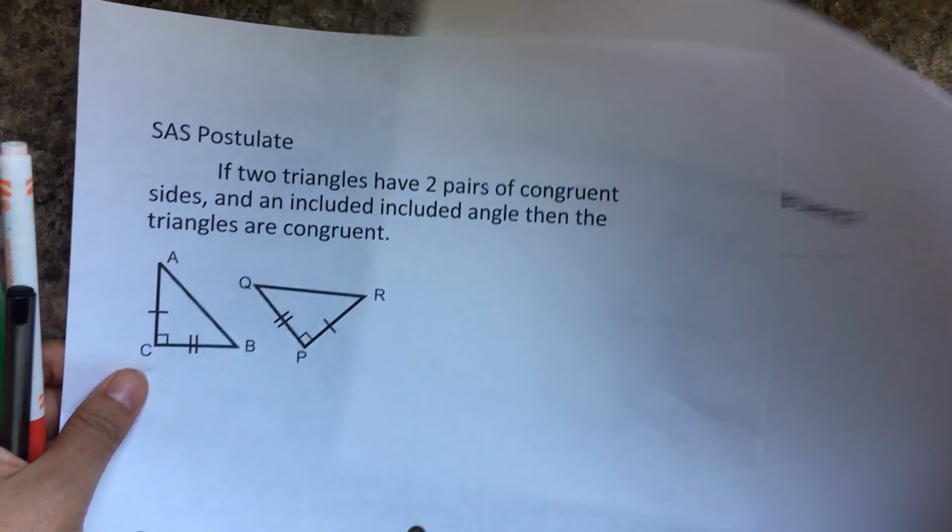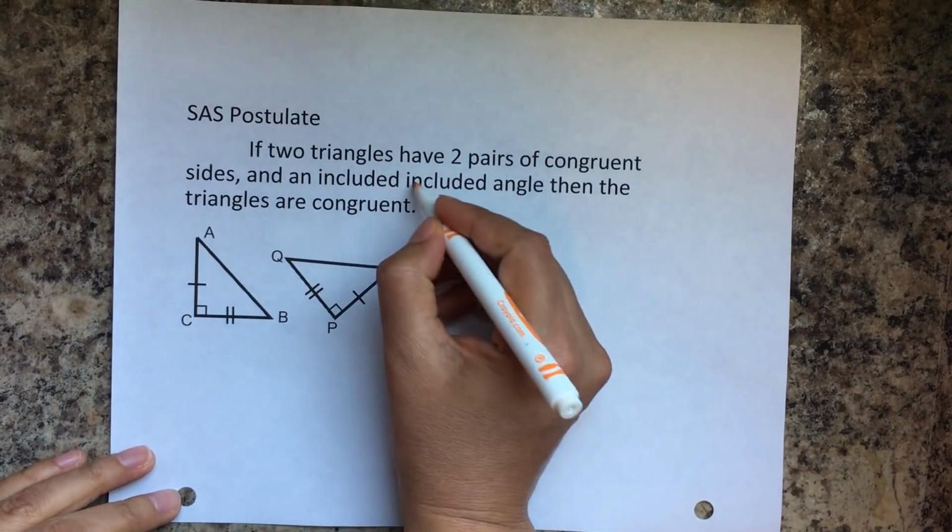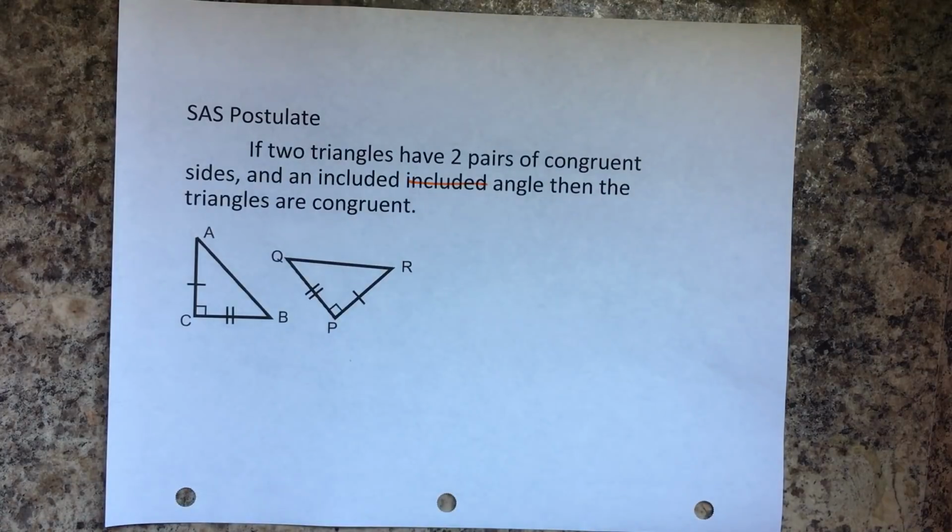So now we're going to learn about the side angle side postulate. And it says that if two triangles have two pairs of congruent sides and an included angle, then the triangles are congruent.